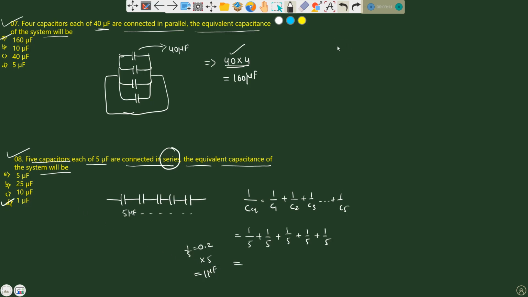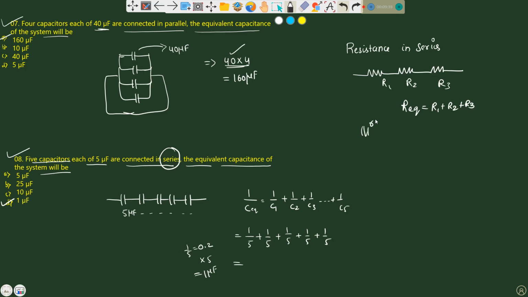But in the case of resistance, let me tell you another concept here. Resistance in series. When resistances are connected in series, R equivalent will be the sum of all the resistances. R equivalent will be R1 plus R2 plus R3.